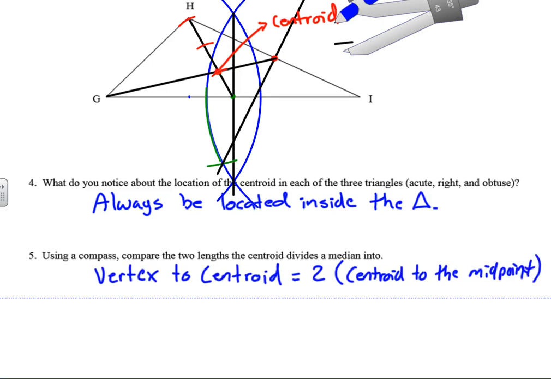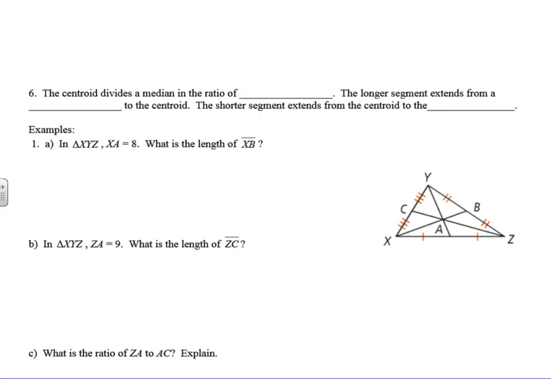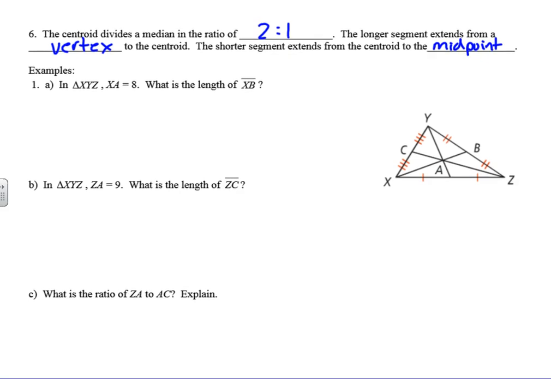In this topic, it's one of those questions that gets asked a lot. So the centroid divides a median into the ratio of 2 to 1. The longer segment extends from a vertex to the centroid, and the shorter segment extends from the centroid to the midpoint. All right. So now we're going to do some examples that deal with that length.